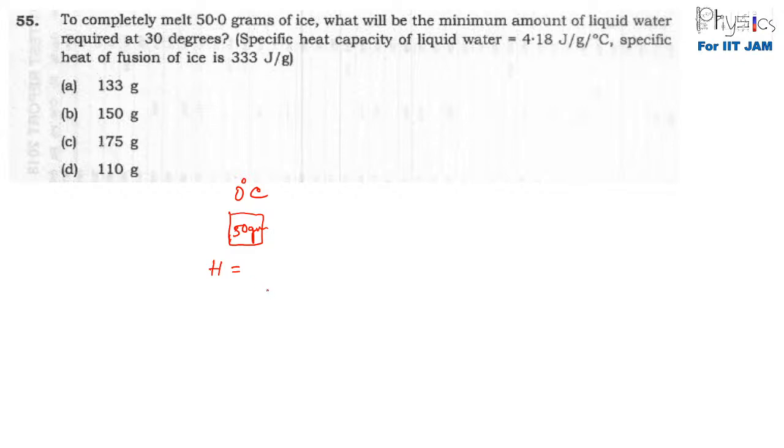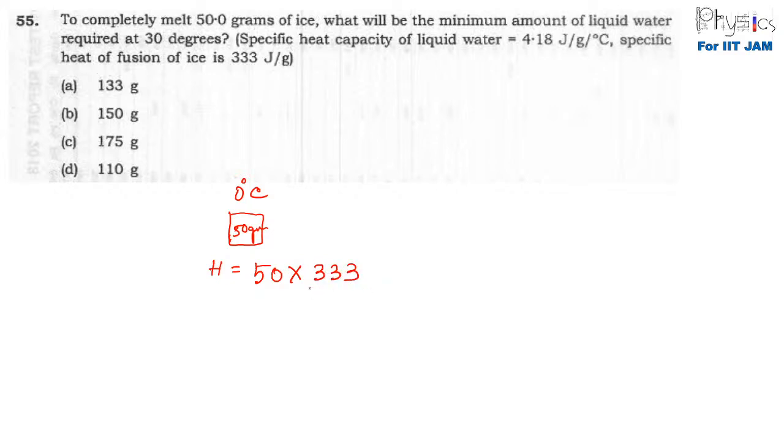Or we can say that H is equal to 50 times 333.